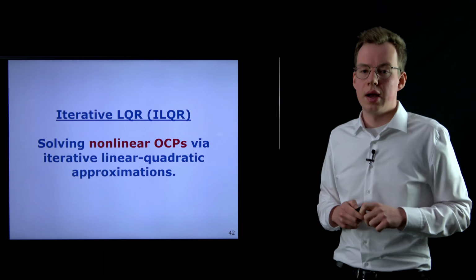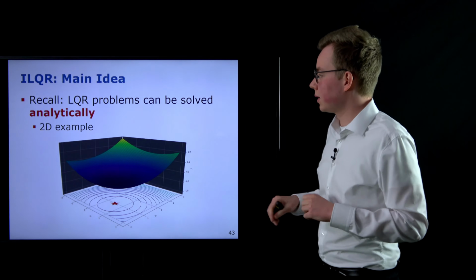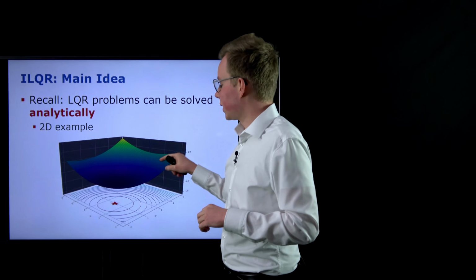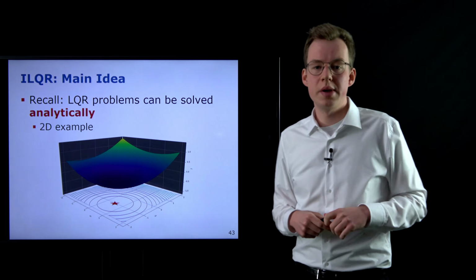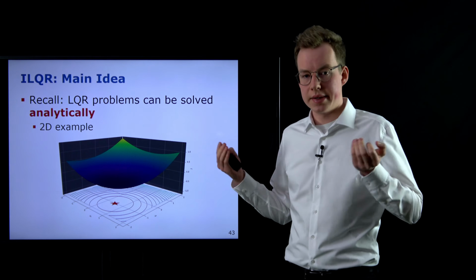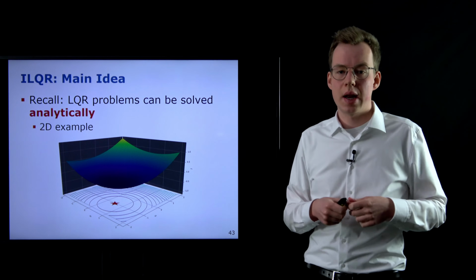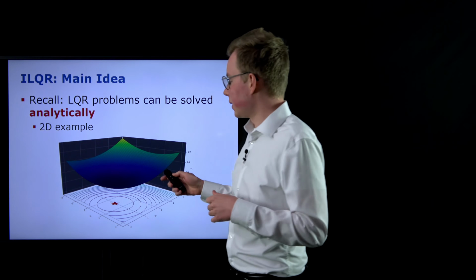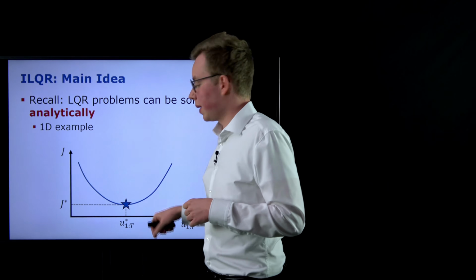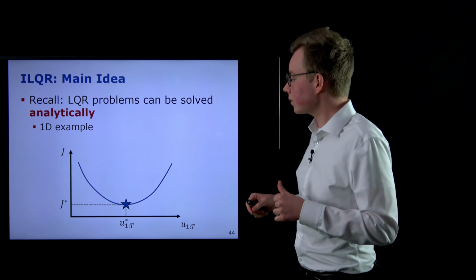And we will go into how that works here. So remember, for LQR, we could analytically compute the global minimum of the cost landscape, and the batch approach and the dynamic programming approach were just vehicles to doing that in different ways. It's a bit simpler to think about this perhaps in 1D.